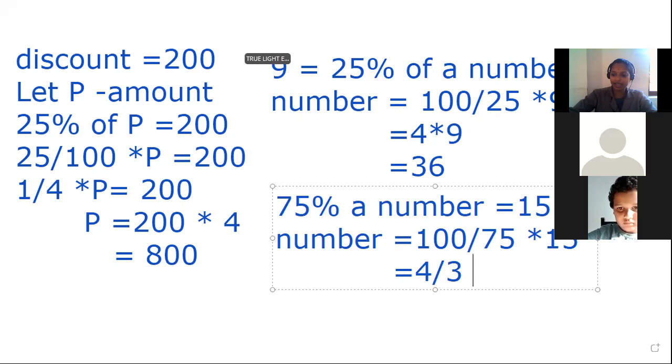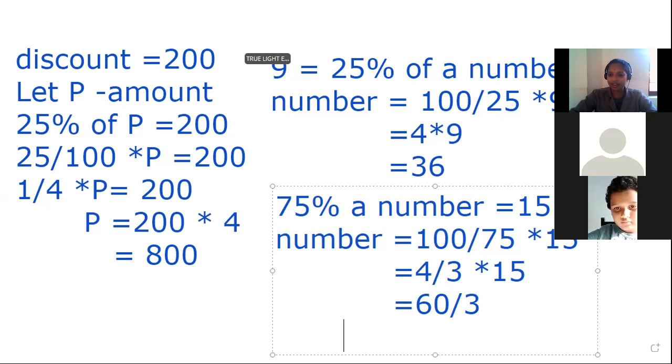That is 4 by 3 into 15. 4 into 15 is equal to 60. 60 divided by 3. What is the value of 60 divided by 3? It is equal to 20. So 75% of the number 20 is 15. Okay, did you get the idea?